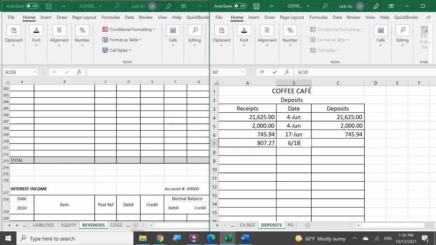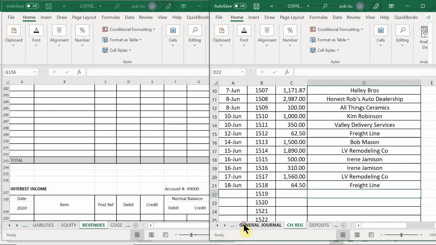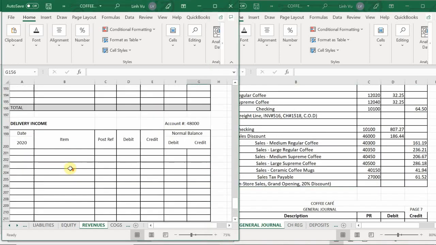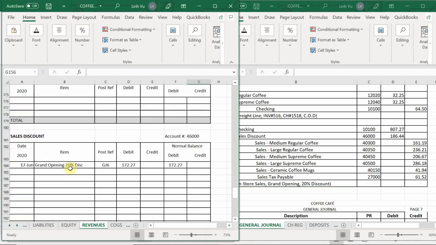Today is the 18th, so that's what we're going to deposit in our bank. Okay. All right. So we can go to the sales discount. Okay, here we are, sales discount.